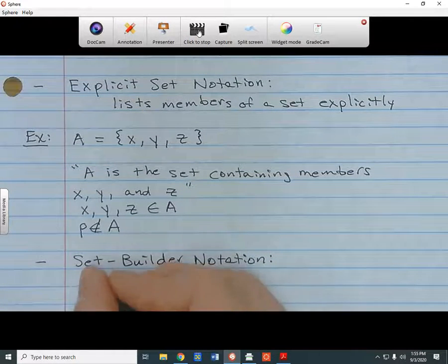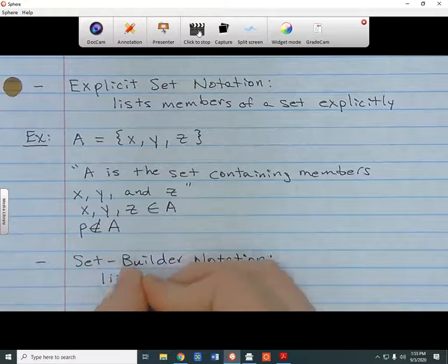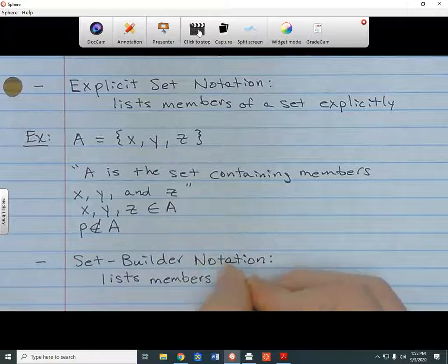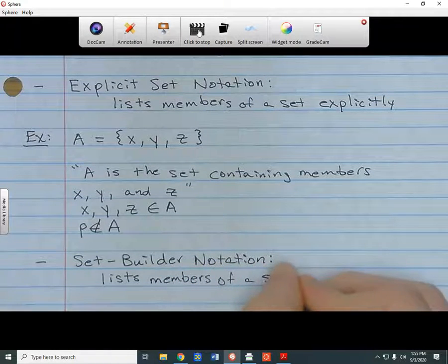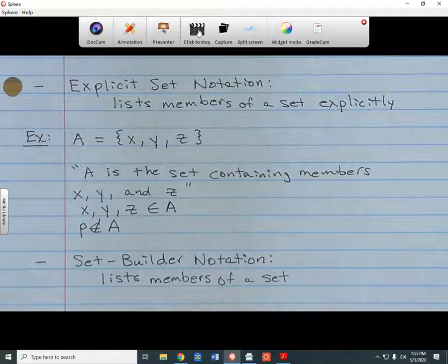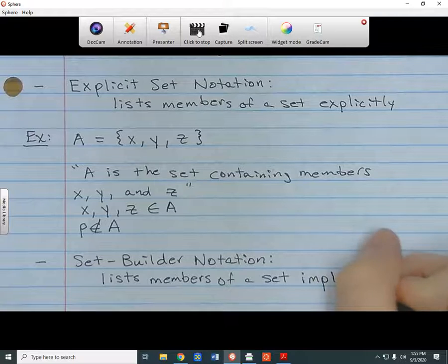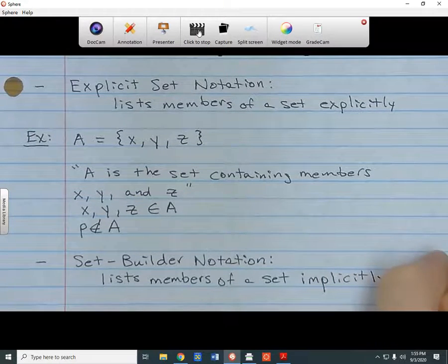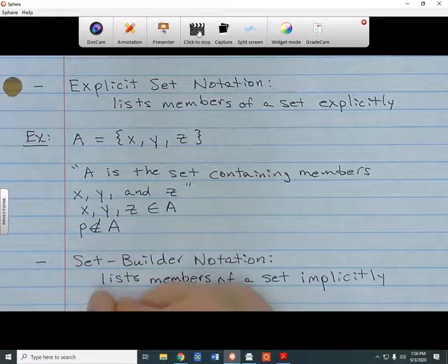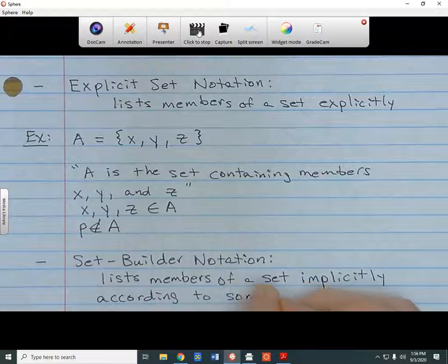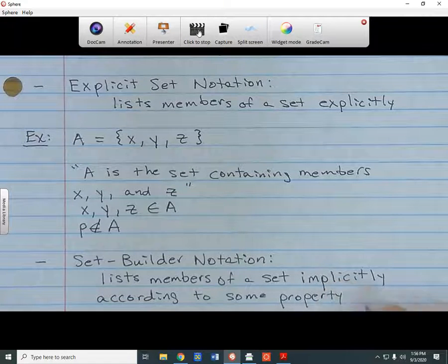It's listing all the members of a set, but it's going to do it implicitly instead of explicitly. And it's always done according to some property. So let's see what that looks like.